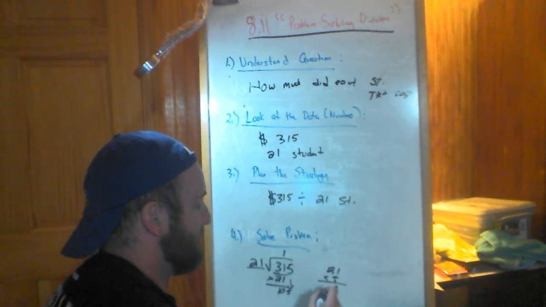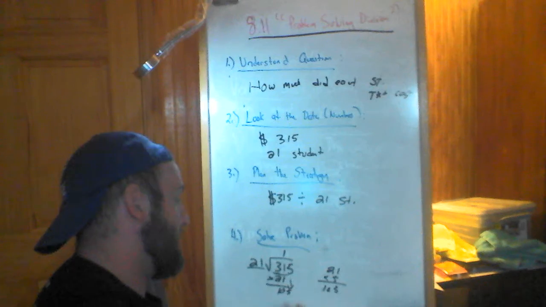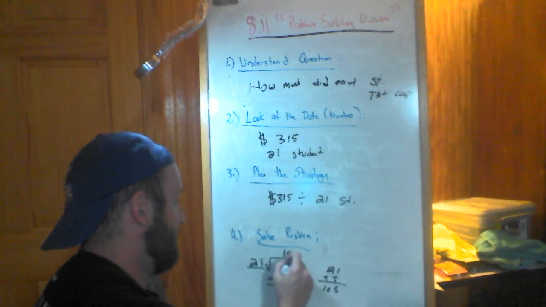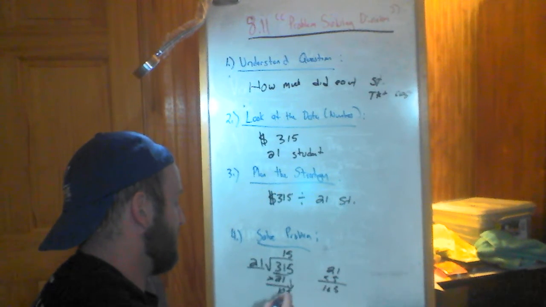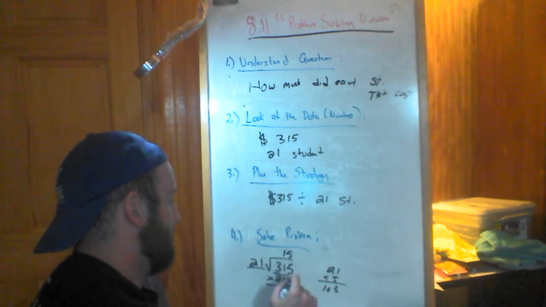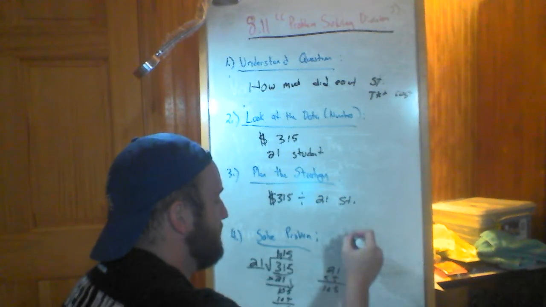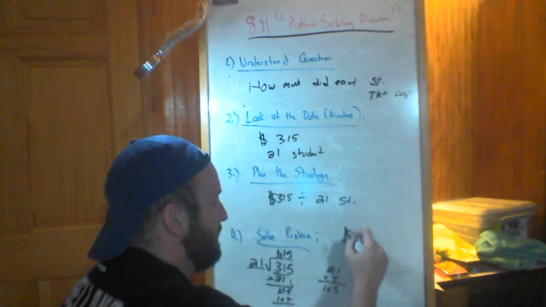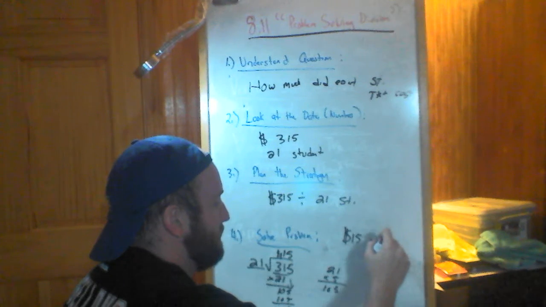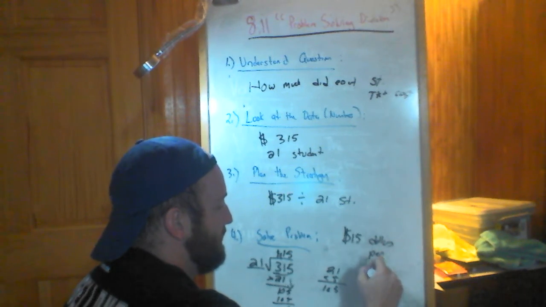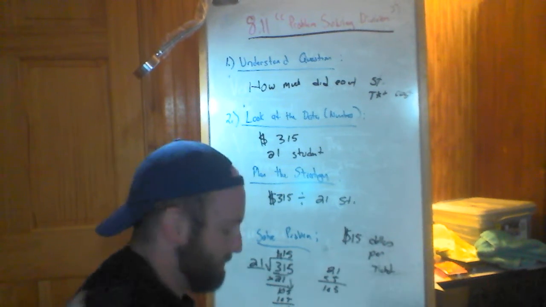Nothing to carry over. 2 times 5 is 10. Look at that. 105. So we can put that 5. 5 times 21 is 105. Subtract it. And that's 0. So each ticket costs $15. So you want to put that as your answer. $15 per ticket.